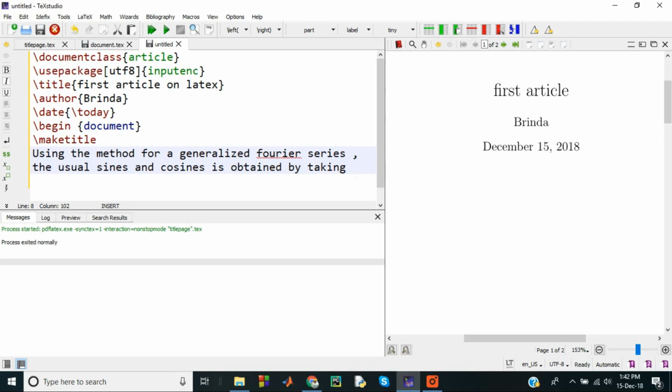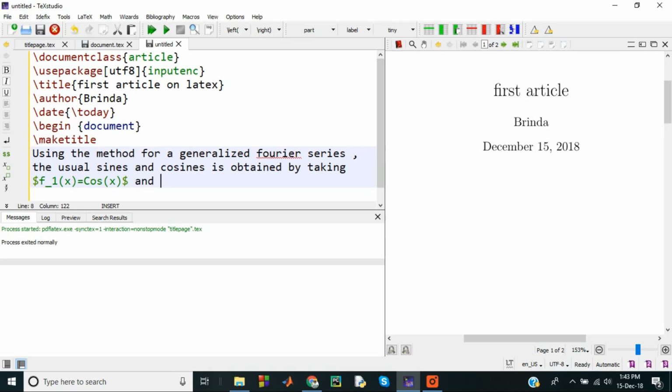Now I want to display these two in line with the text, so I'll use dollar, f subscript 1 x. Using these delimiters, you can display it in line with the text.